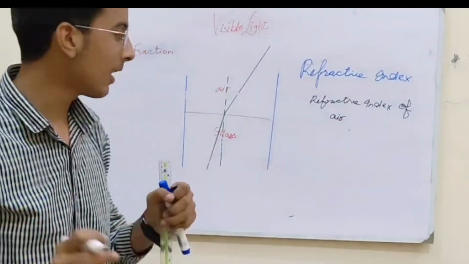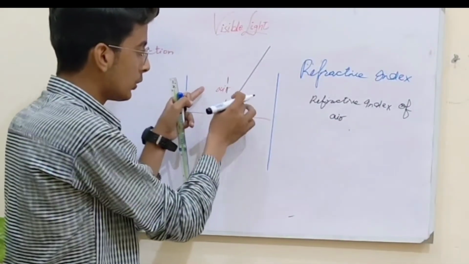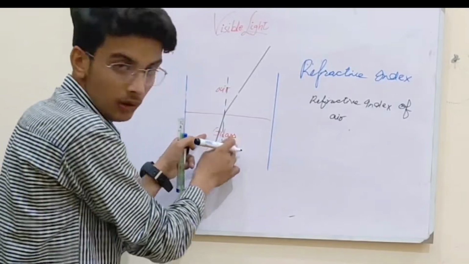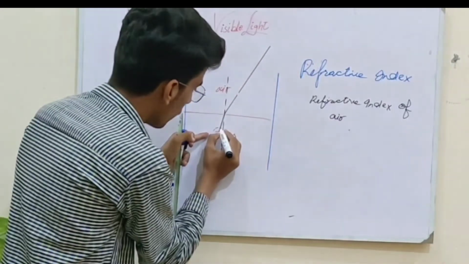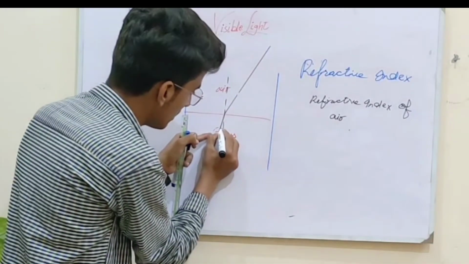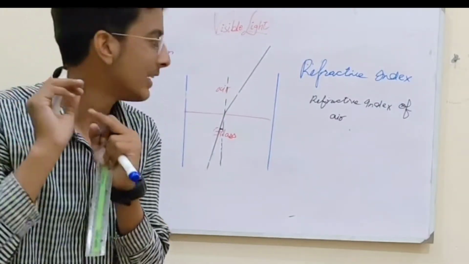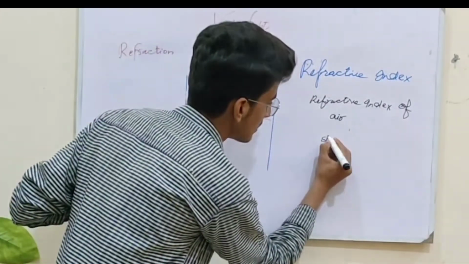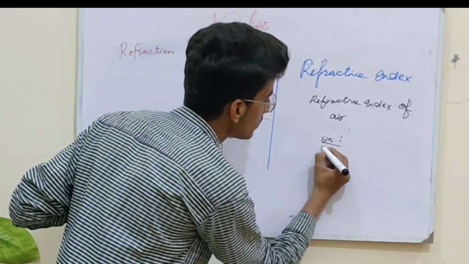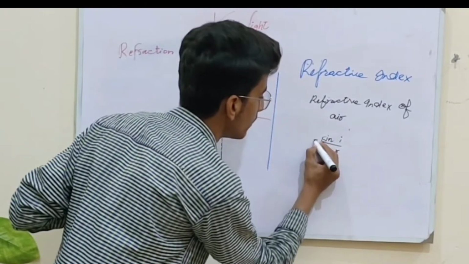To find the refractive index of air, you will see in this other medium and see this would be its incident angle. The formula to find the refractive index is sine I over sine R.